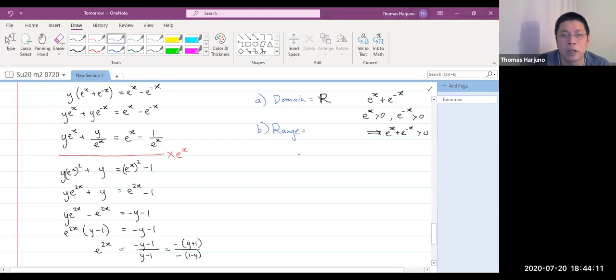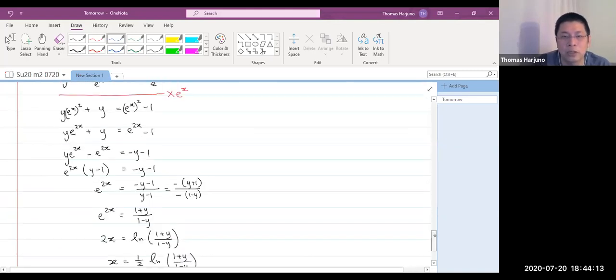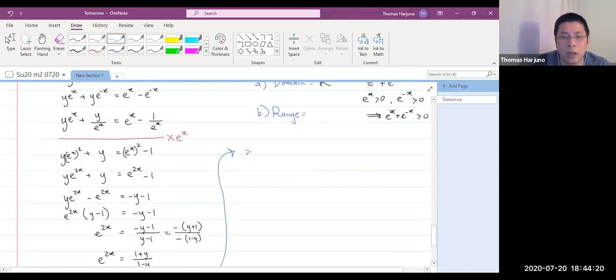When we get the range, you notice that x equals 1/2 natural log of (1 plus y) over (1 minus y).